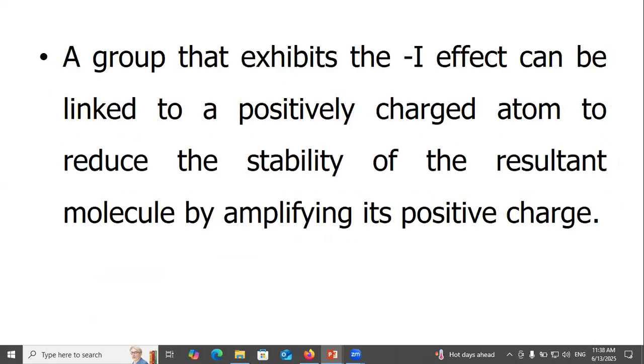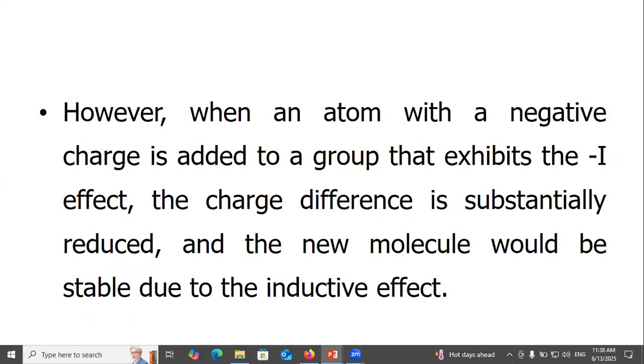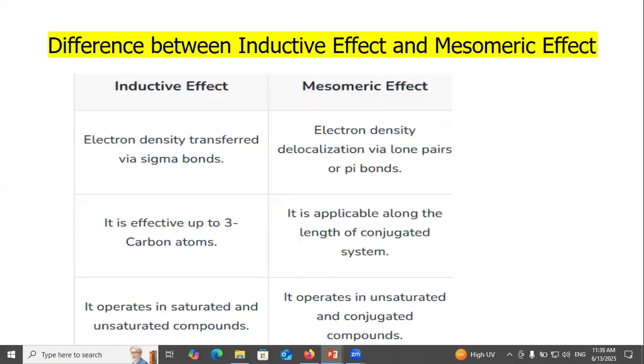A group that exhibits the negative inductive effect can be linked to a positively charged atom to reduce the stability of the resultant molecule by amplifying its positive charge. However, when an atom with a negative charge is added to a group that exhibits the negative inductive effect, the charge difference is substantially reduced and the new molecule would be stable due to the inductive effect.